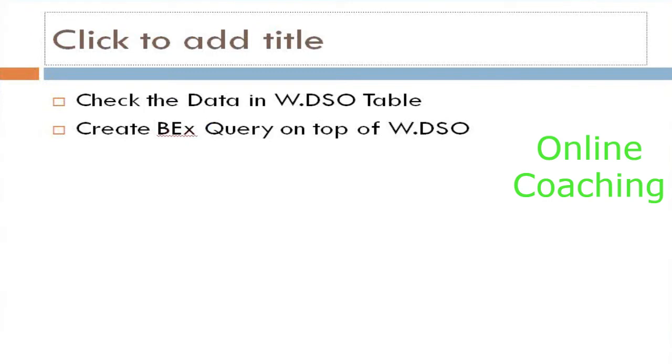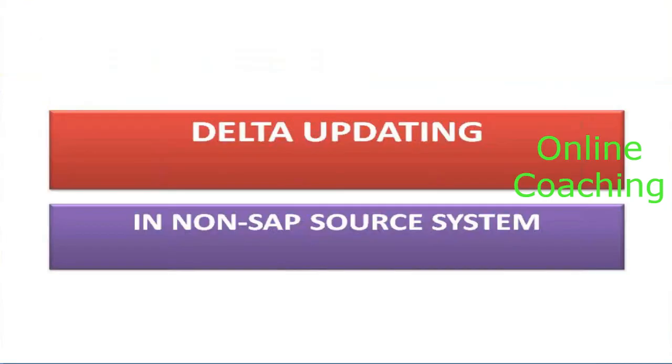Okay, fine. The next topic is going to be delta updating. As of now, we have seen all the examples with full load. Now there is one more option also, delta loading. What is a delta loading?